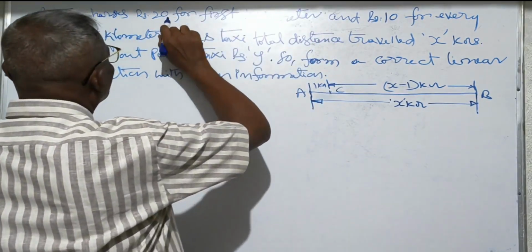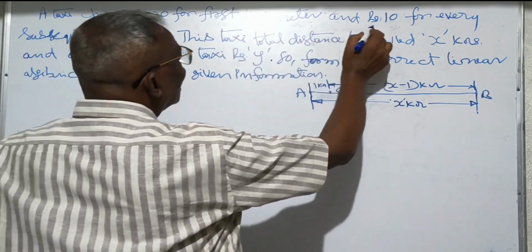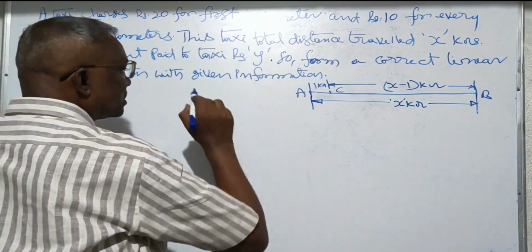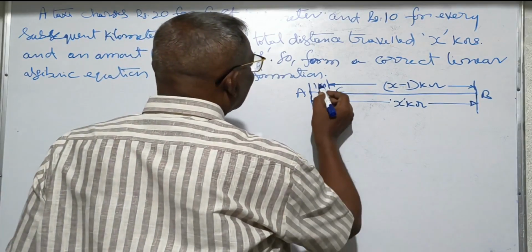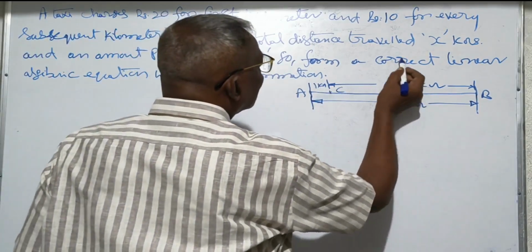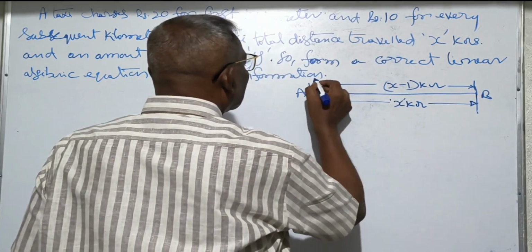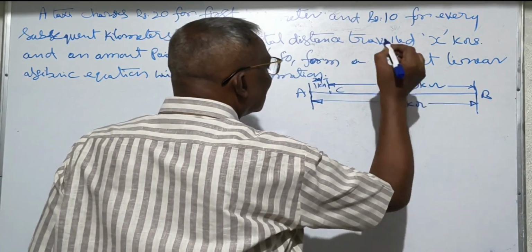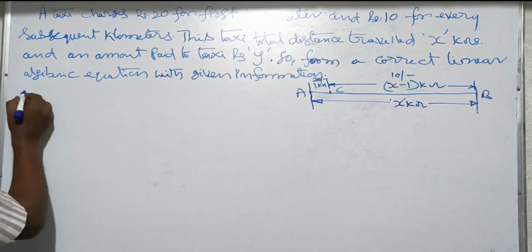A taxi charges 20 rupees for the first kilometer and 10 rupees for every subsequent kilometer. So here its rate is 20 rupees, and here its rate is 10 rupees. What is the given data?